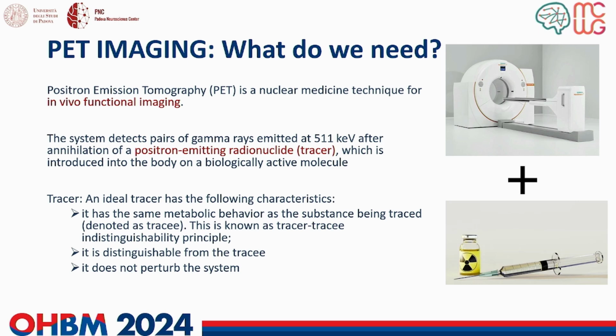Or, for instance, DOPA: if I inject grams of DOPA, immediately we have a response in the behavior of the person. So I need to use a small amount. A small amount is usable to be detected, but not able to perturb the system. The system is in a steady state, as it is.